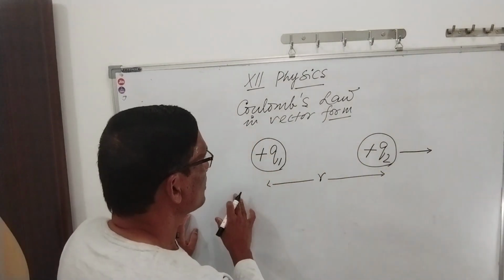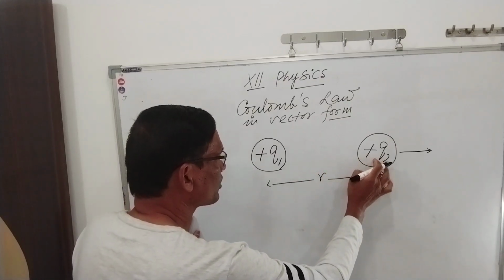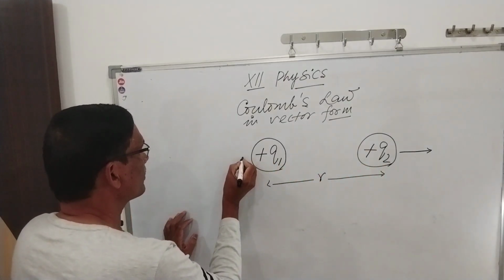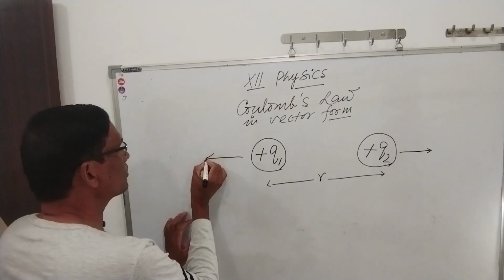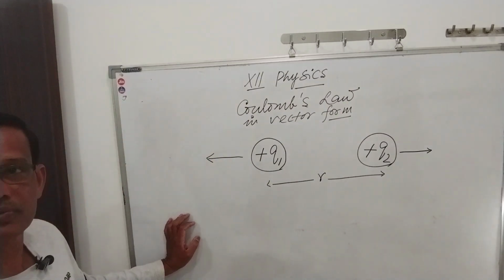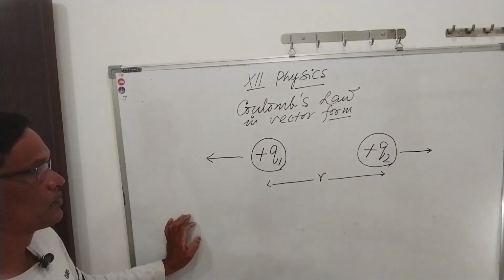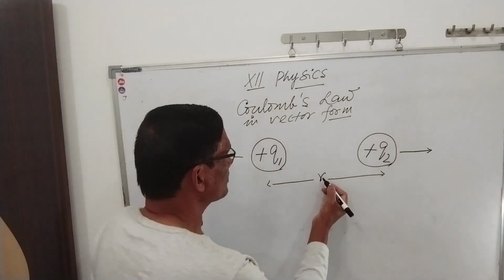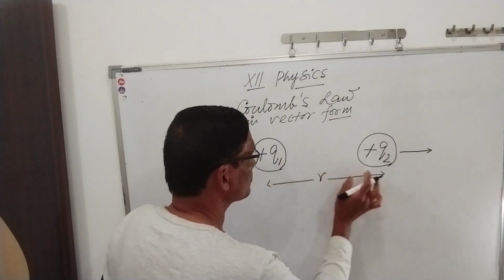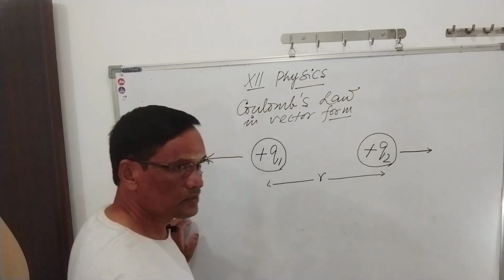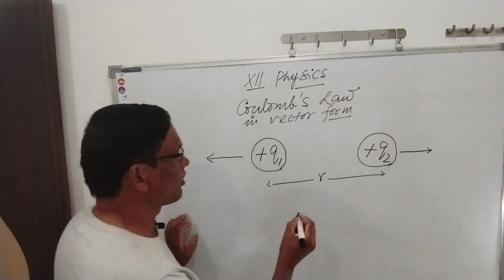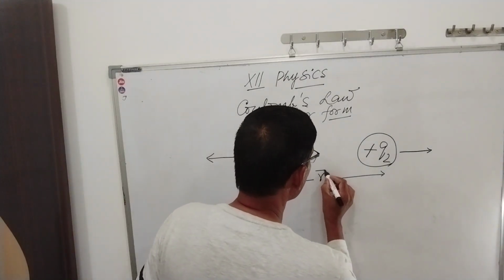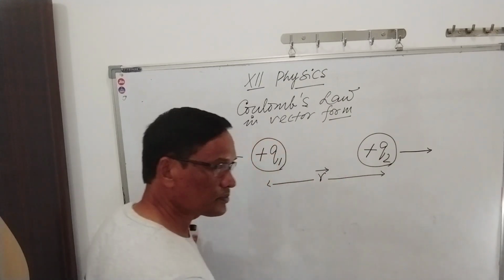In the same way, the positive charge q2 will repel the charge q1 with a force. Now if the distance of q1 to q2 is r, in vector form, suppose I write this distance as r.